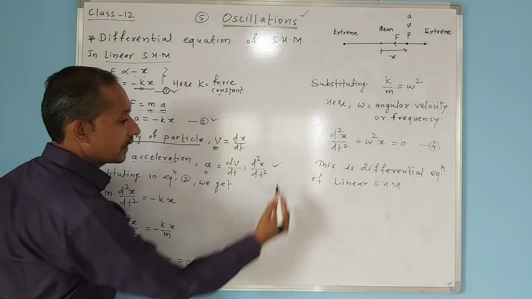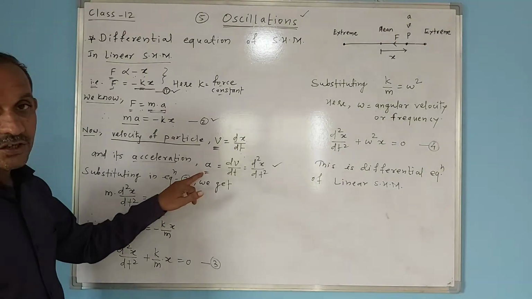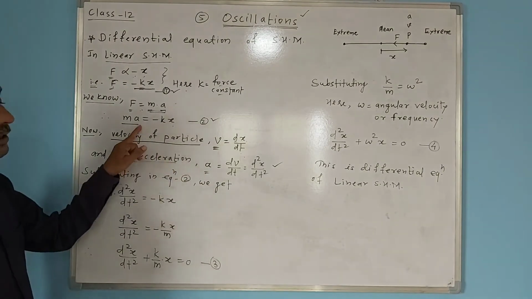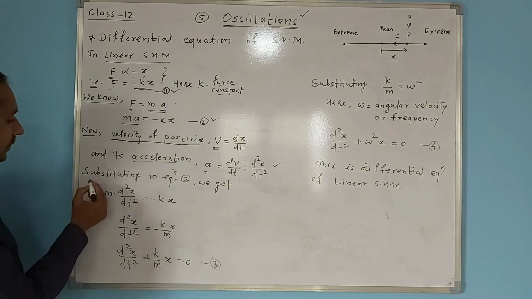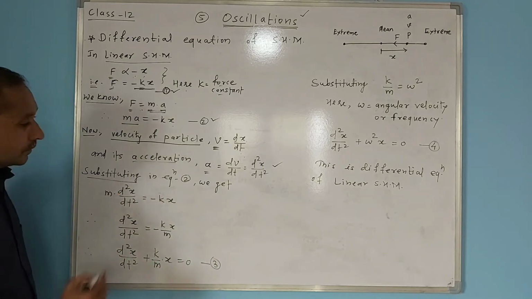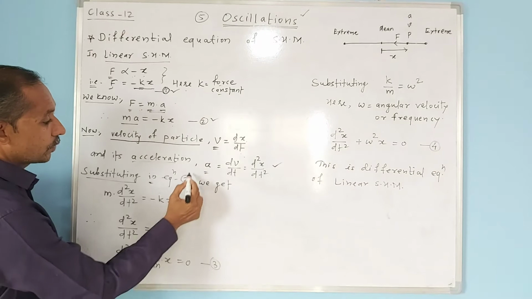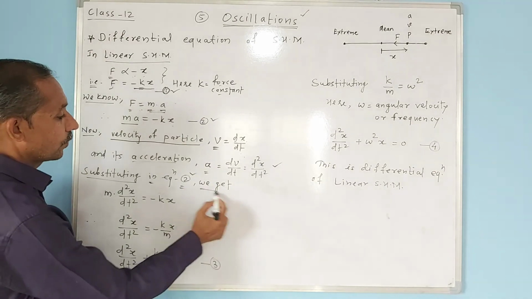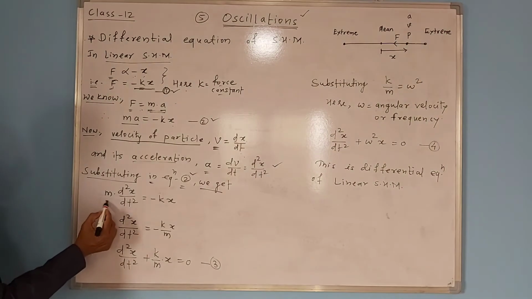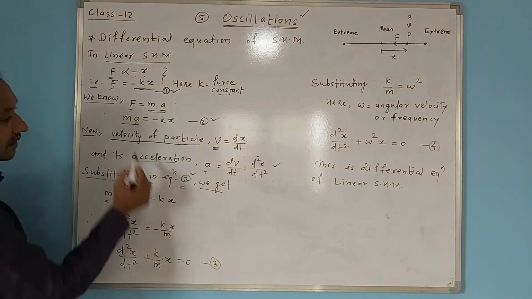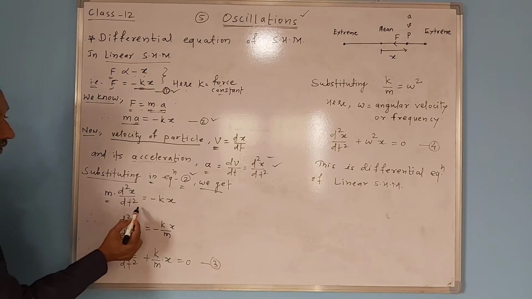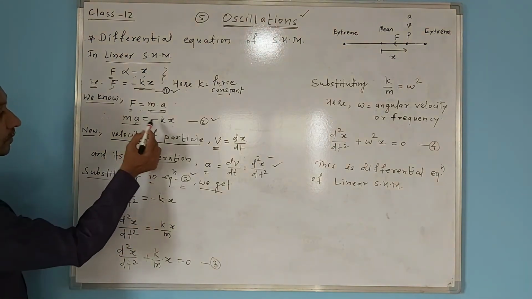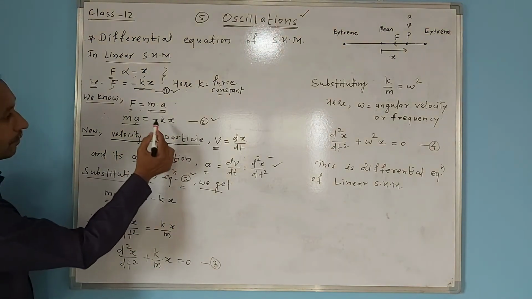So this value for the acceleration we have to substitute in equation number 2. Then substituting in equation 2, we get mass times d2x/dt square, and the right hand side will be the same, minus kx.